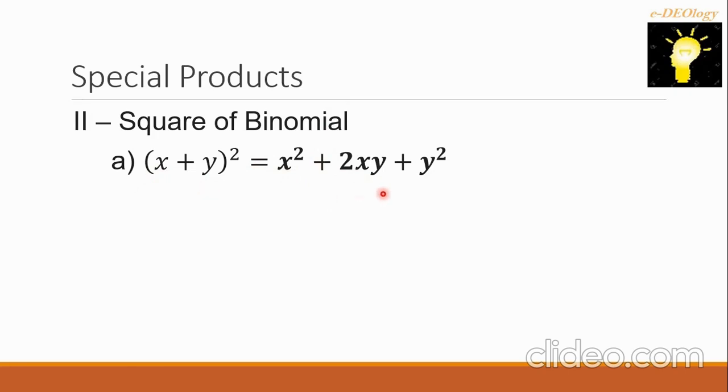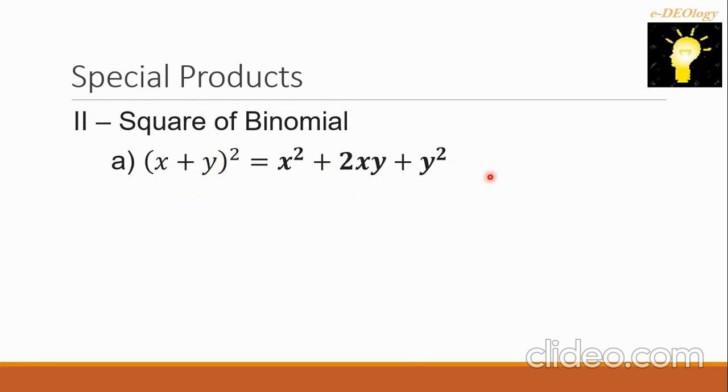And the y squared here is the square of this y, the second term of our binomial. So again, when we square a binomial, the answer will be three terms, and this answer is x squared plus 2xy plus y squared.